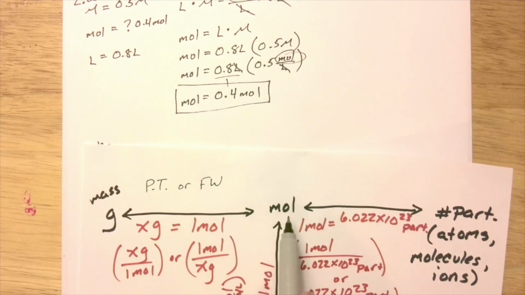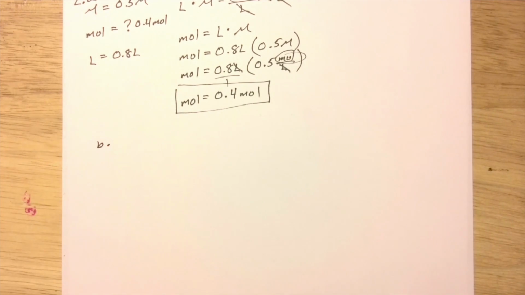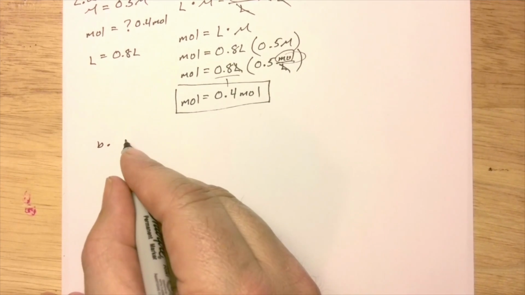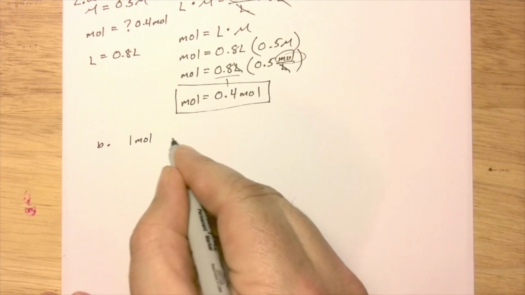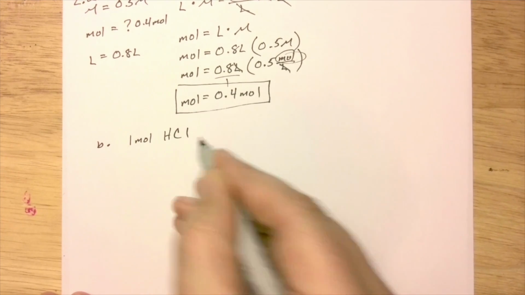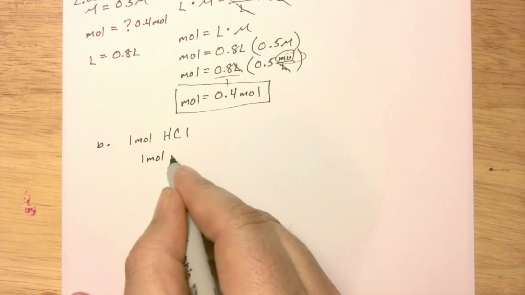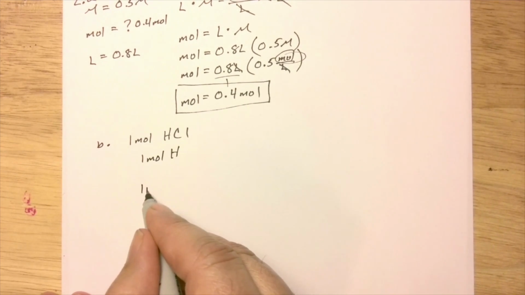In order to go from moles to grams, we need the formula weight. So, since we're dealing with hydrochloric acid, we need to find out what is the formula weight for hydrochloric acid. So if you have 1 mole of HCl, you're going to have 1 mole of hydrogen and 1 mole of chlorine.